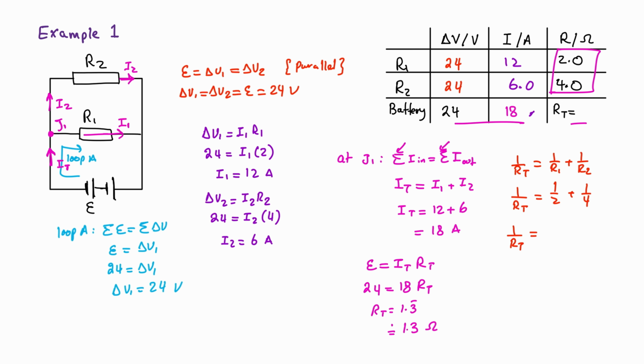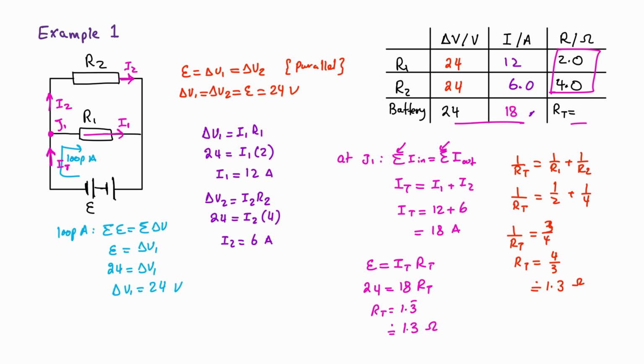That's also an alternative way of doing it. You would get 3 over 4, and RT will be the reciprocal of that, switching 4 and 3 to get 4 over 3, which is approximately 1.3. And once you have that, you can find the rest of the information.